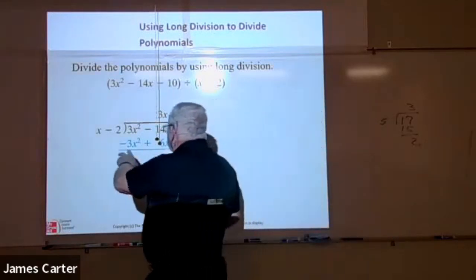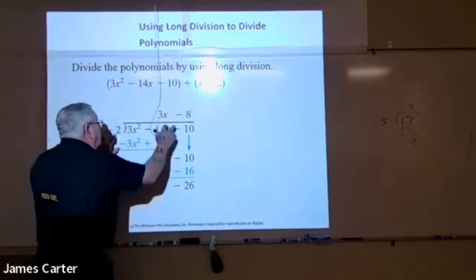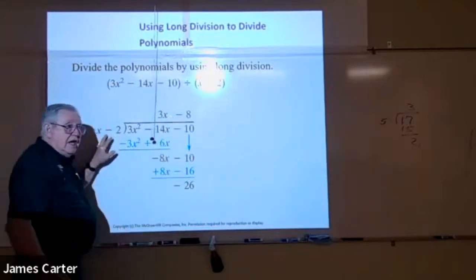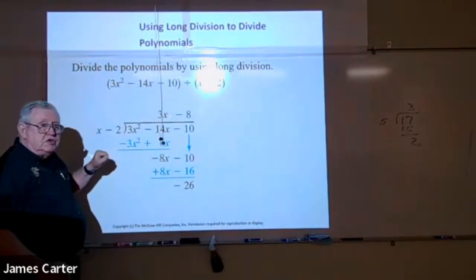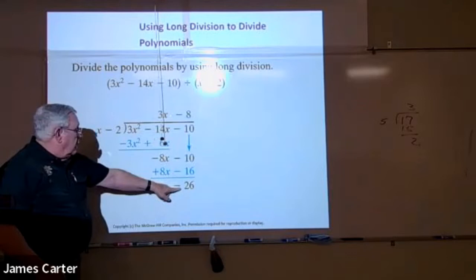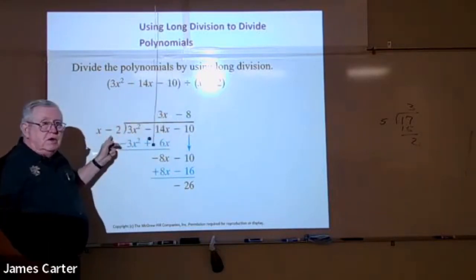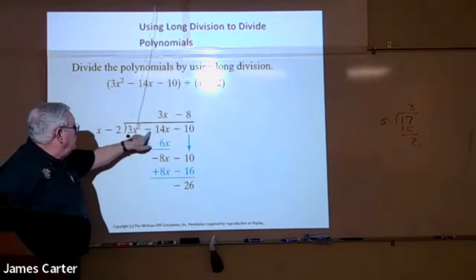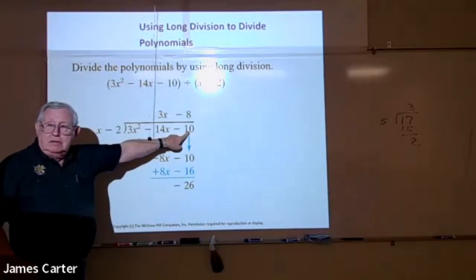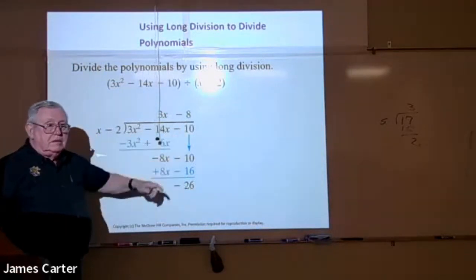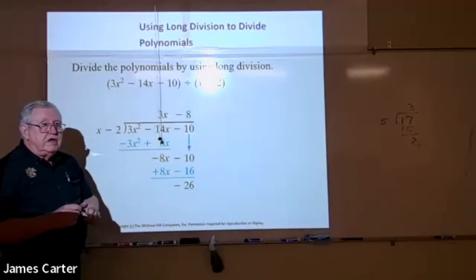If you take this and multiply it times that by foiling or distribution, and then you add a negative 26 to whatever you get for these two multiplied together, you better get that. Same way we did over there.